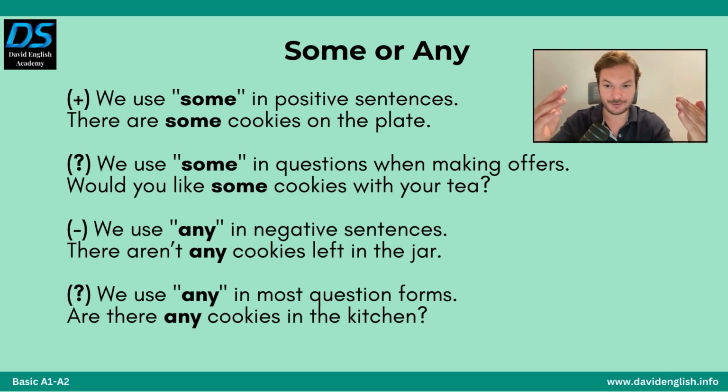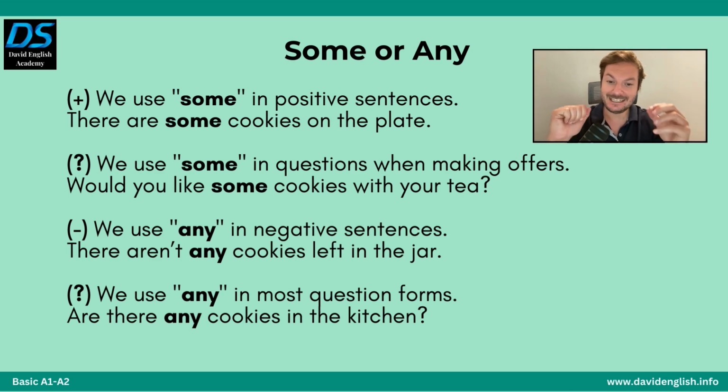This is an offer. Let's go to a negative statement. We use any in negative sentences. For example, there aren't any cookies left in the jar. Remember that. That's a negative sentence. And we also use any for a direct question. We use any in most question forms.